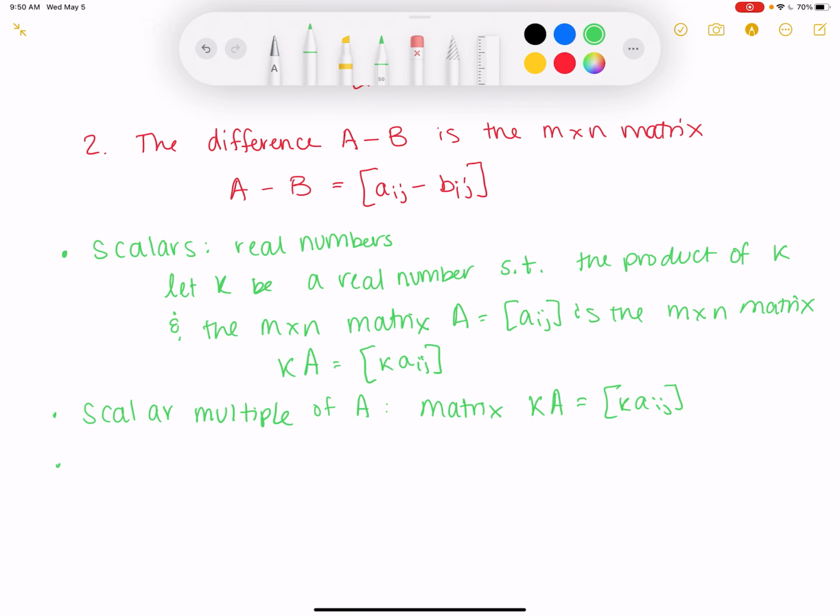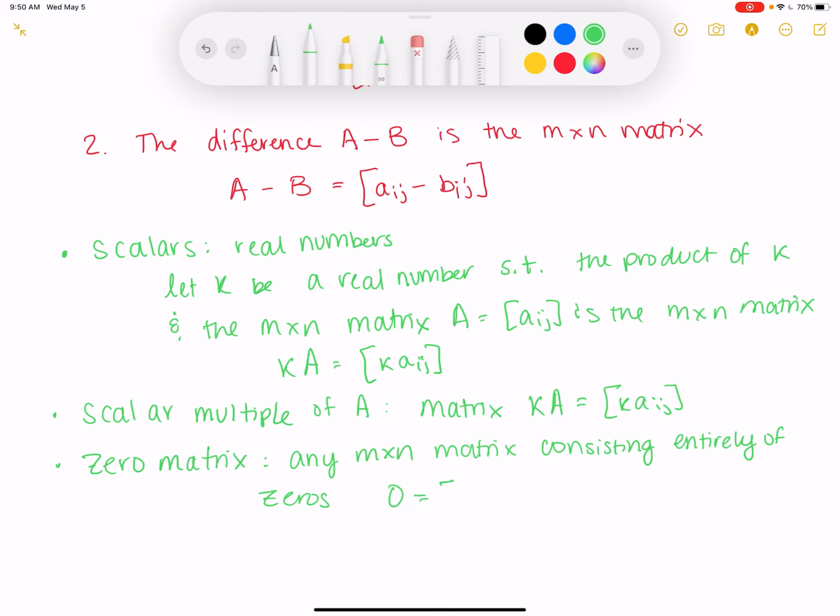We also have what we call a zero matrix, which is any M by N matrix consisting entirely of zeros.